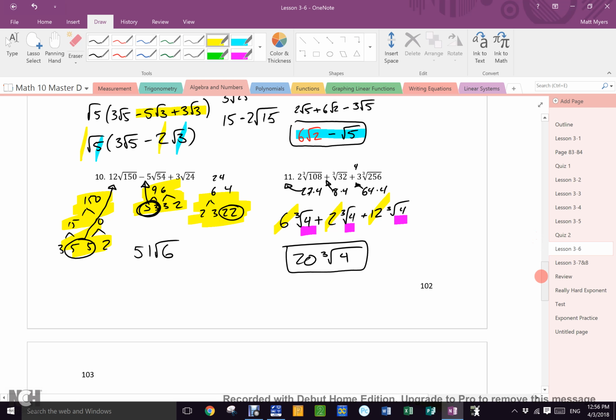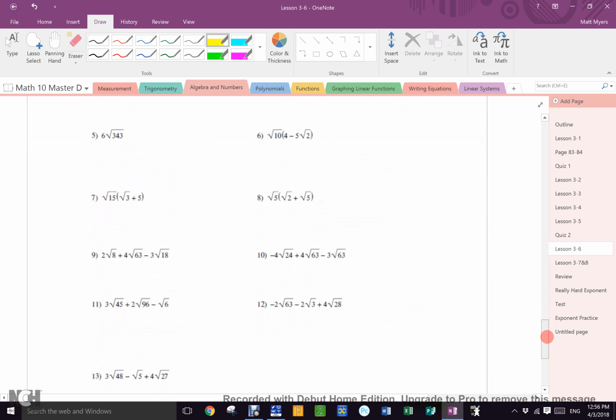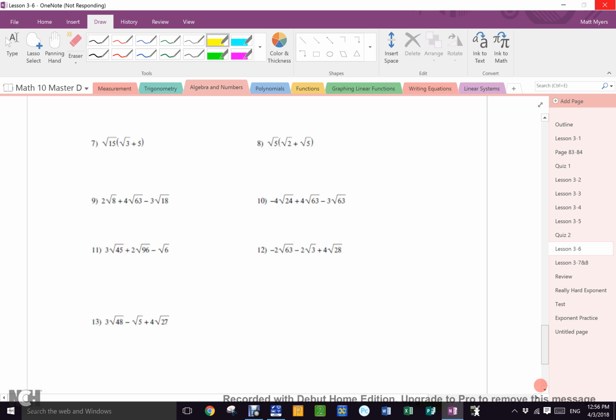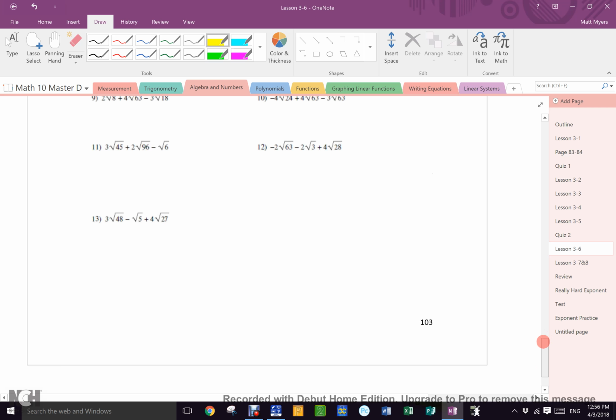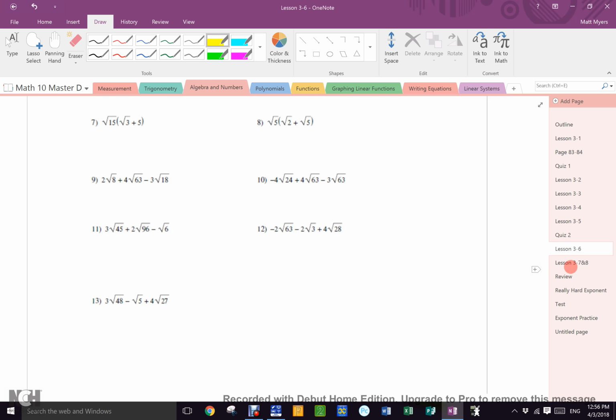Your job for tonight is page 103. I think yours ends at 103. Yes, you guys only have 103. So your job tonight is page 103.